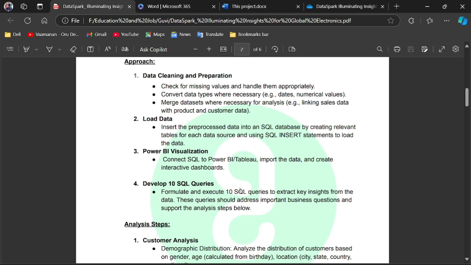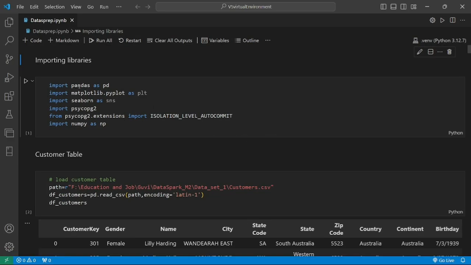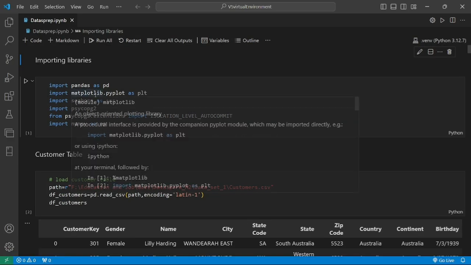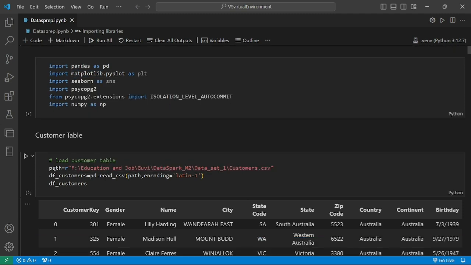In Python programming we are using pandas. Pandas is used to read and load local data, or any other data, into the Python environment.